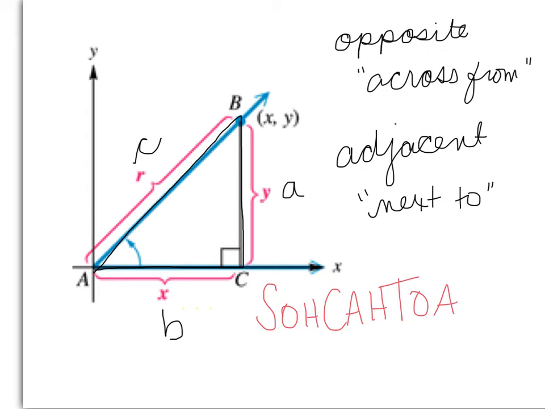It talks about the fact that the sine of an angle is the opposite side over the hypotenuse. The cosine of an angle is the adjacent side divided by the hypotenuse. And the tangent of an angle is the opposite side divided by the adjacent side.